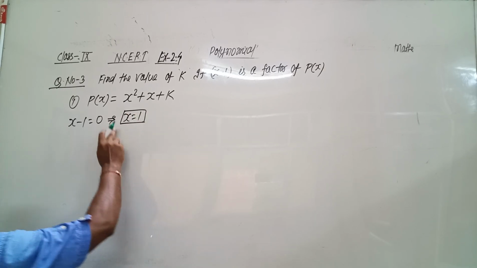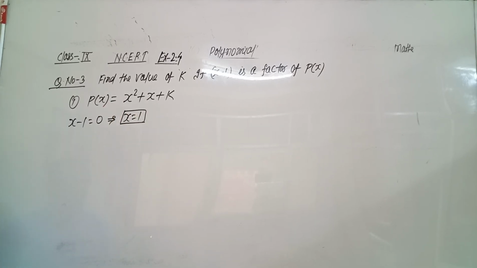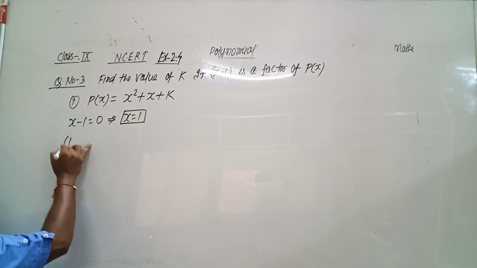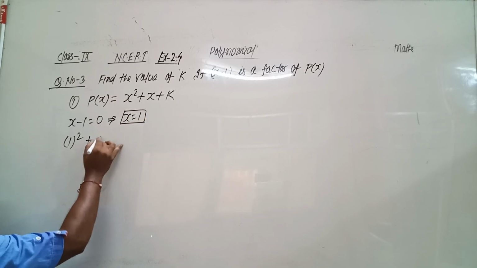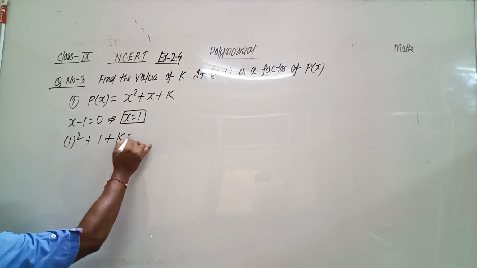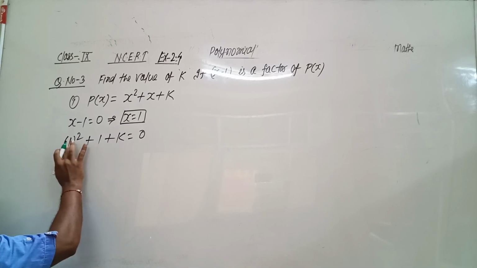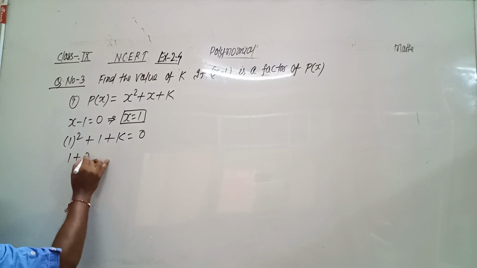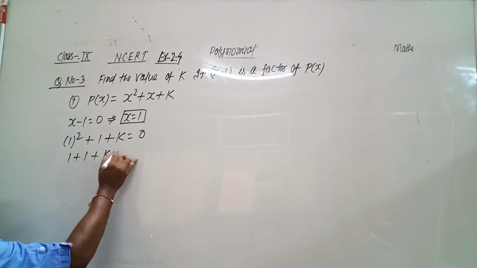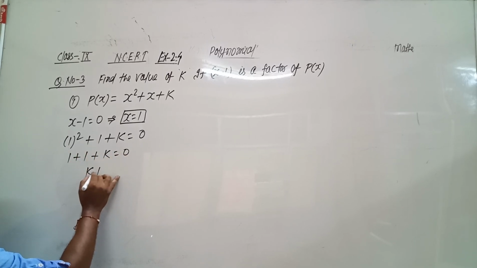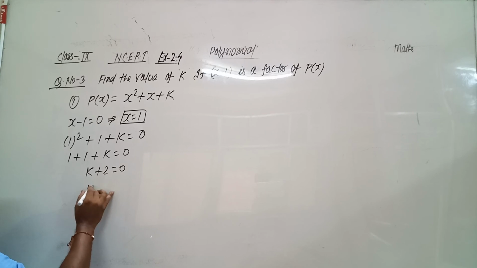Then put the value of x in the given polynomial and make it equals to 0. So 1 square plus 1 plus k equals to 0. So we get 1 plus 1 plus k equals to 0, and k plus 2 equals to 0, and the value of k comes to be minus 2.